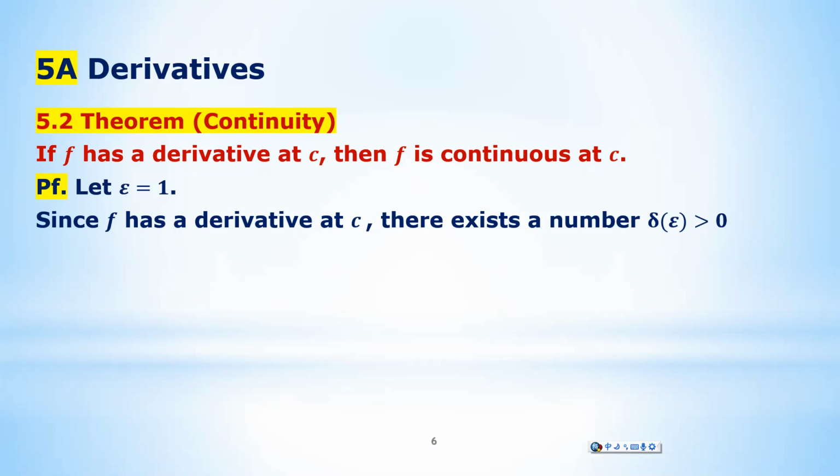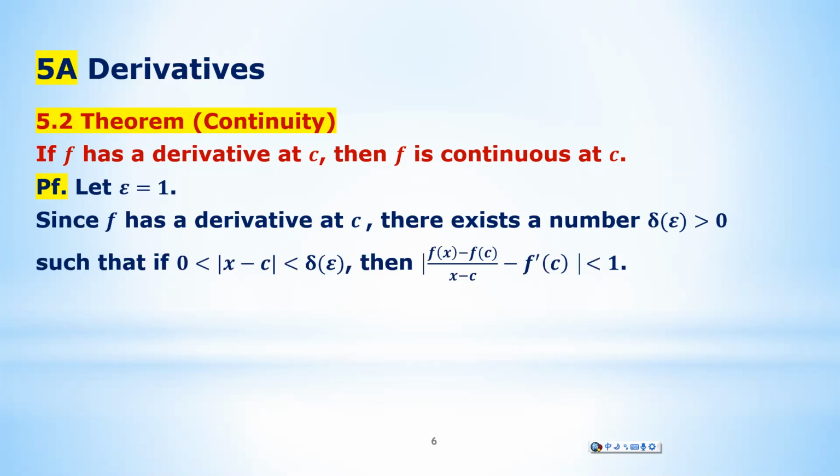For our purpose, I only need to choose a special epsilon; the value is not so important. So for this epsilon, there is a delta such that when |x minus c| is less than delta, then the ratio minus the derivative, I know the derivative exists, is less than 1.